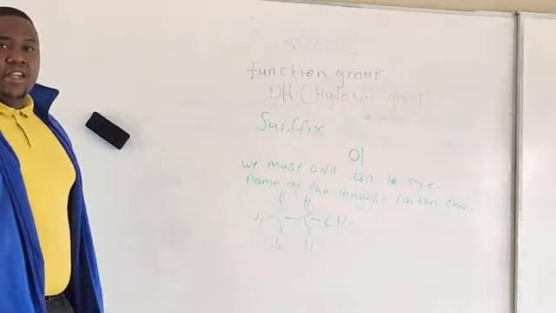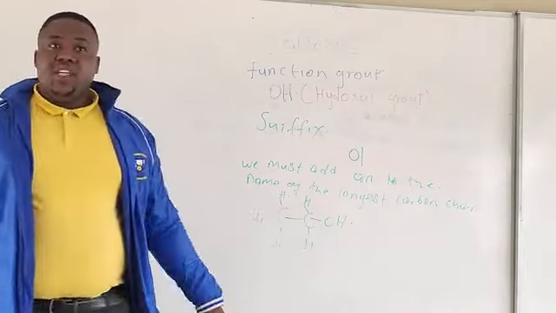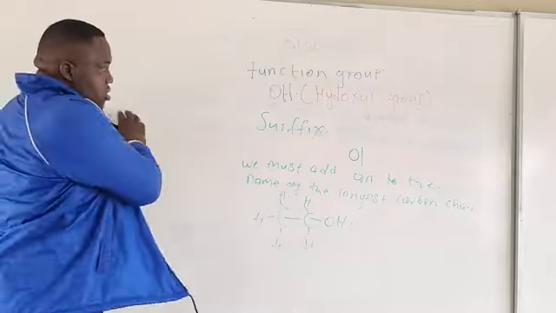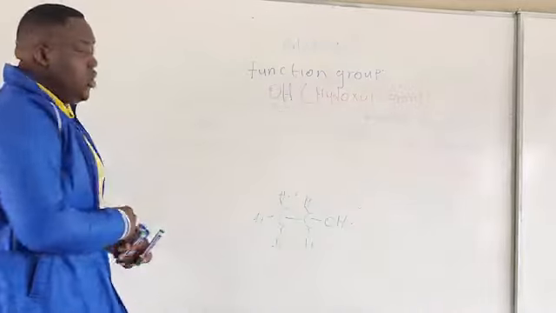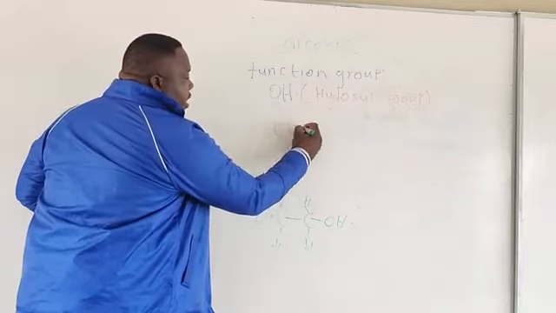So let us give it a name. Let us count the longest carbon chain. 1, 2. How many carbons? 2 means eth.